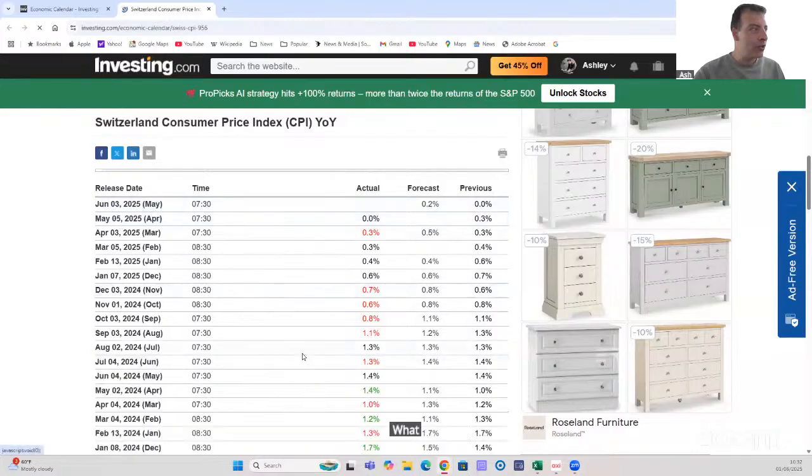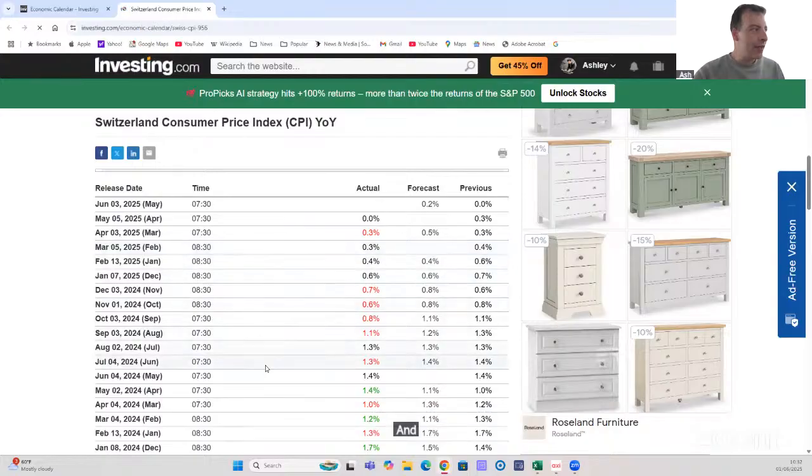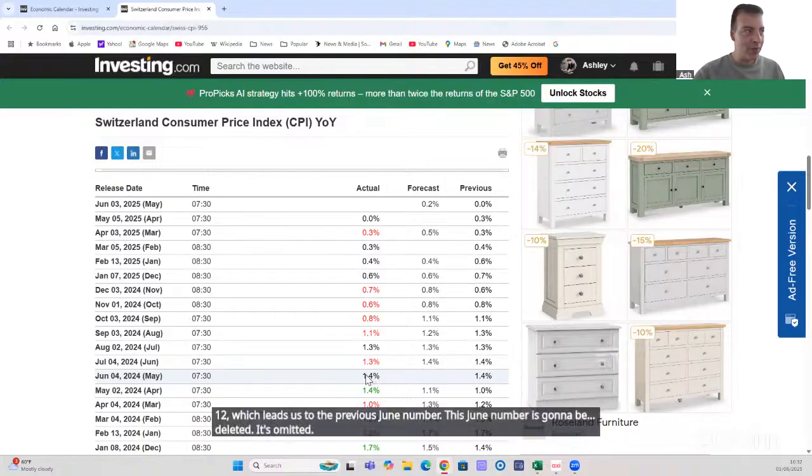What you are looking to do is take 12 months of CPI data and then do your own forecast. And the way you would do that is you go back 12 months. So you've got 1, 2, 3, 4, 5, 6, 7, 8, 9, 10, 11, 12, which leads us to the previous June number. This June number is going to be deleted. It's omitted from the equation.